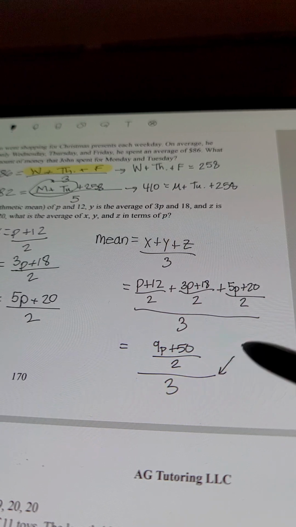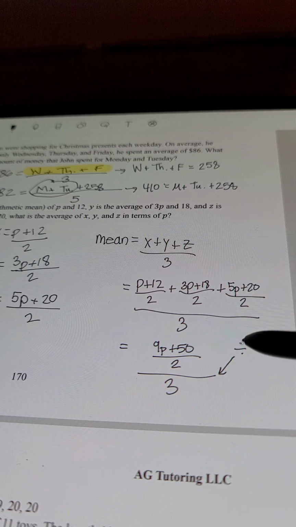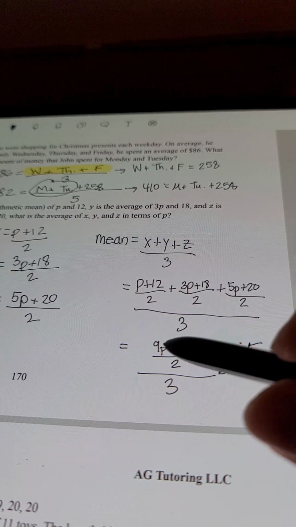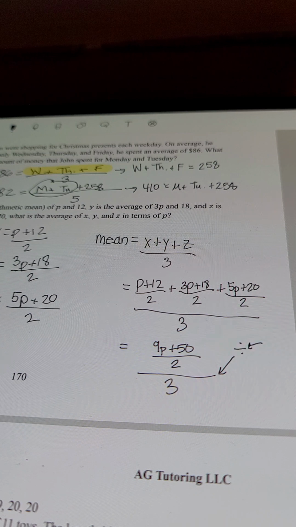Now, remember, a fraction bar is the same thing as a division sign. And you can kind of remember that too, because this is the fraction bar and the division symbol, and the dot on top and the dot on bottom are like the blank space for the numerator and denominator, you know? So I can just say that this is 9p plus 50 over 2 divided by 3.